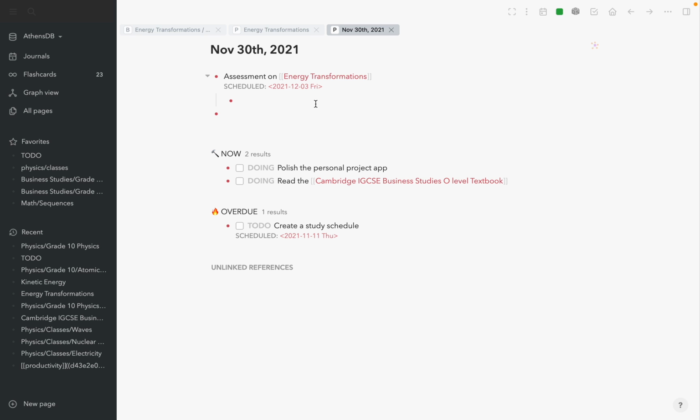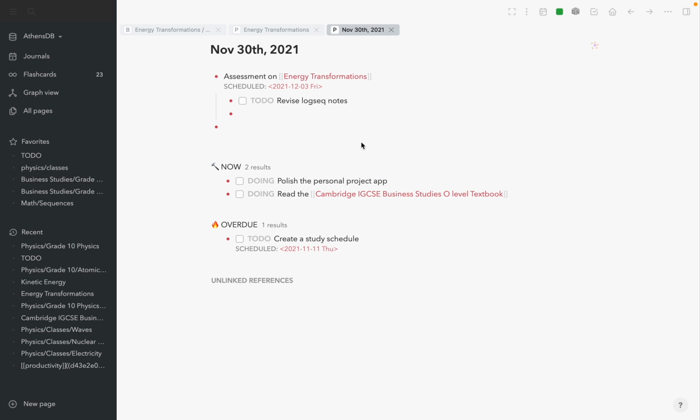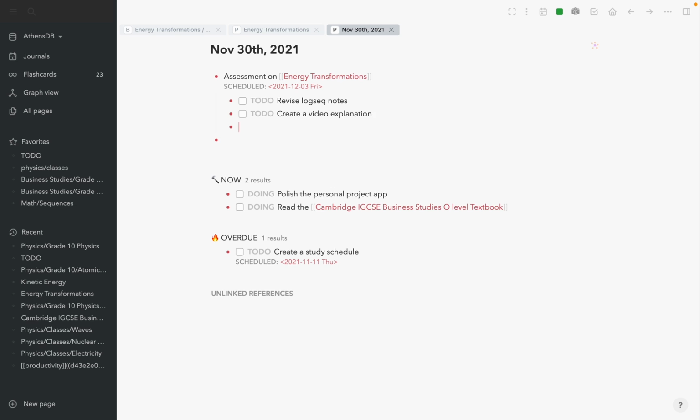And then I can also create a study list, let's say revise Logseq notes, and I use command enter to create the to-do. So let's say, what else? I can create a to-do on create a video explanation, which is actually one of my favorite ways to learn.